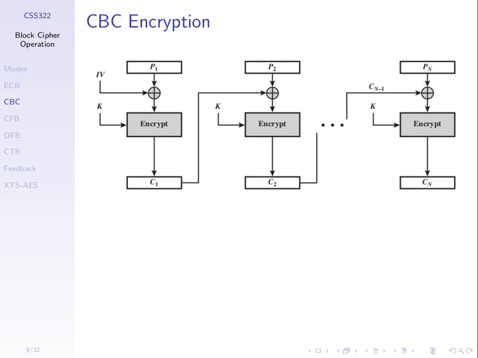If they're not, then C1 and C2 will be different. To get the same output from this encrypt stage, we must have identical input. So at this point, the input is IV XOR P1, at this point, it's C1 XOR P1 if P1 and P2 are the same. So the only way that the inputs will be the same is if the initialization vector is C1.